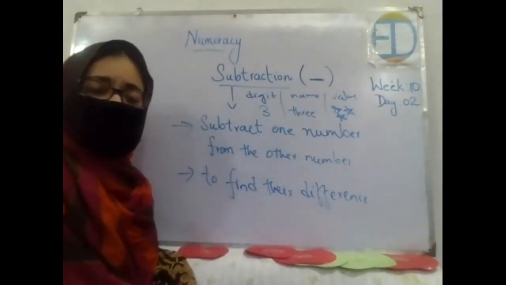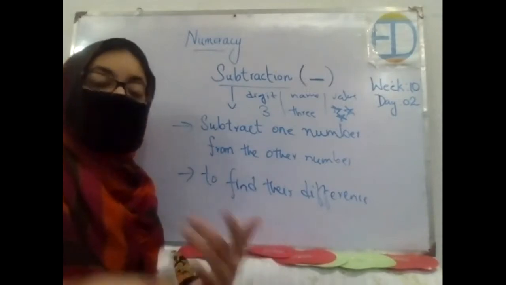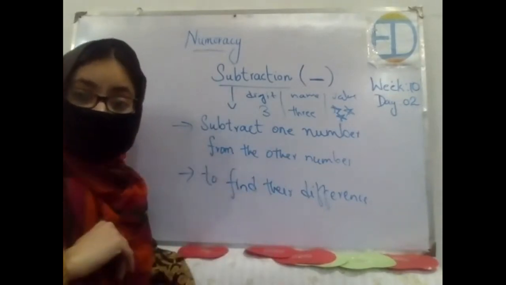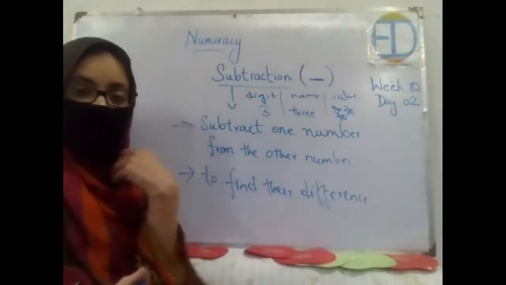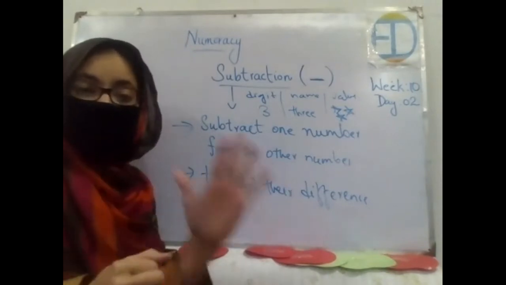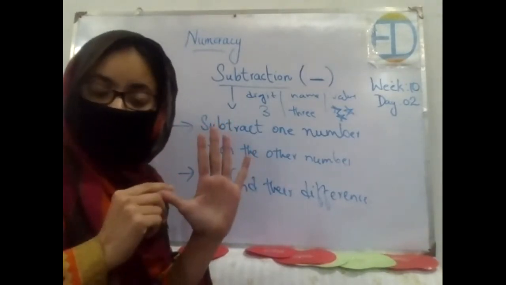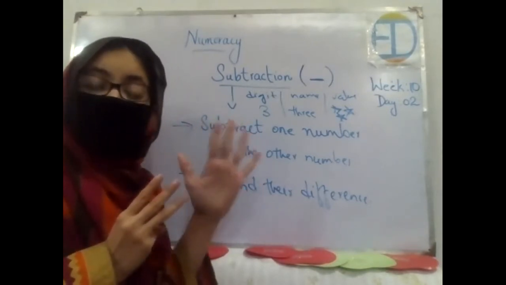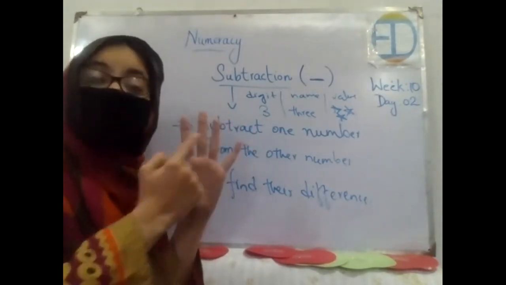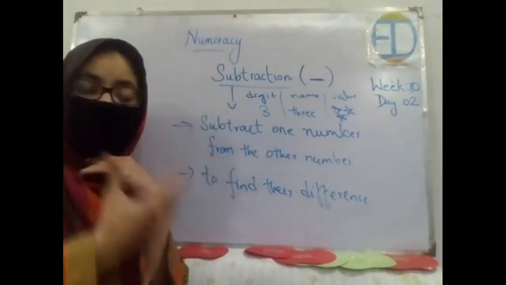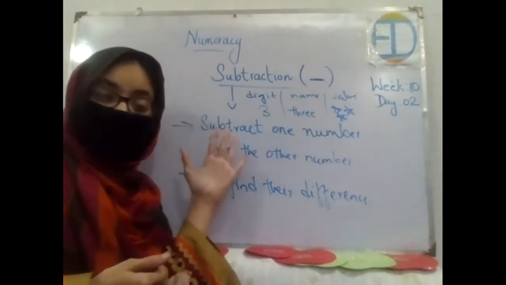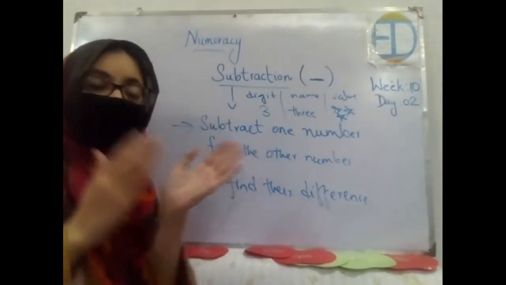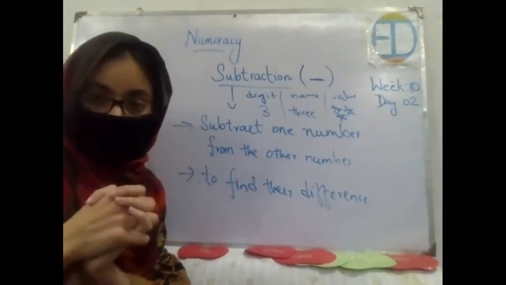When you say that 5 is greater than 3, why do you say that? Because 5 has more value than 3. If I have 5 objects and you have 3 objects, 5 is greater because it has more value. That is why we subtract the smaller number from the bigger one, and then we find the difference between the two.